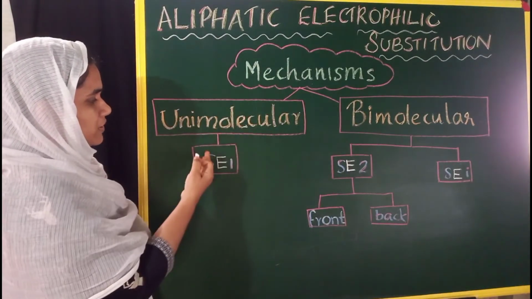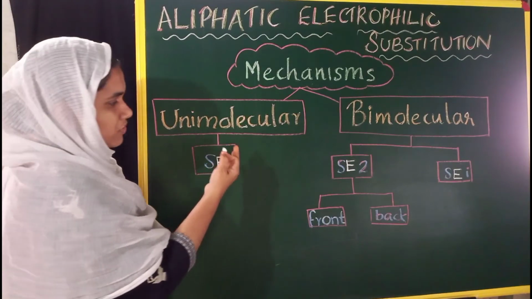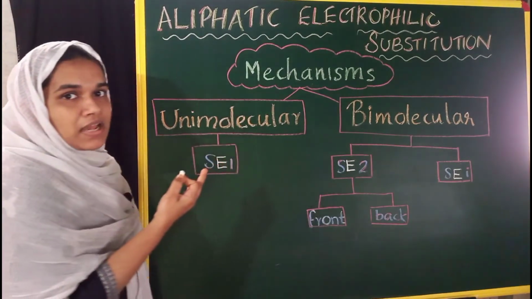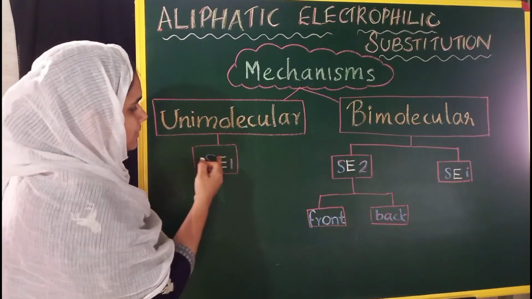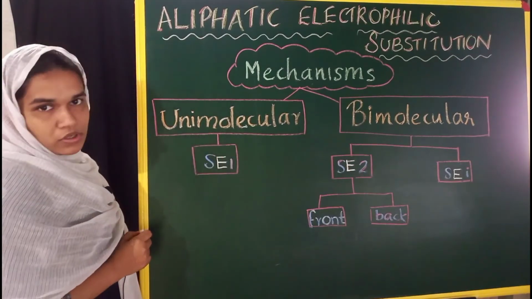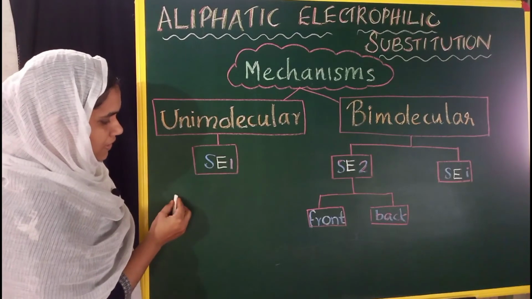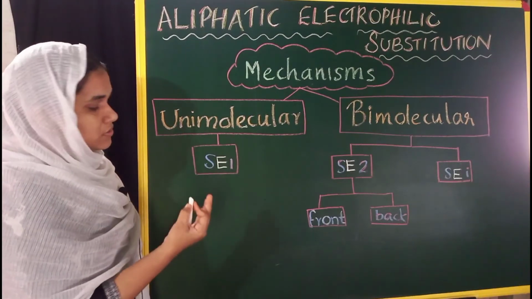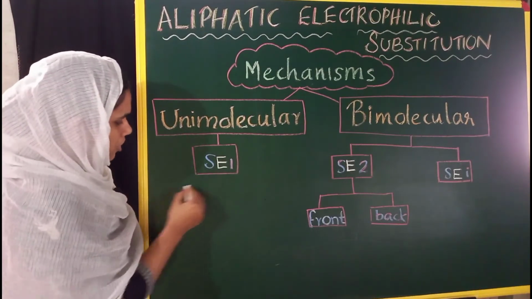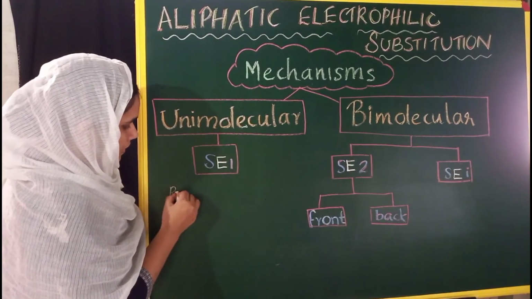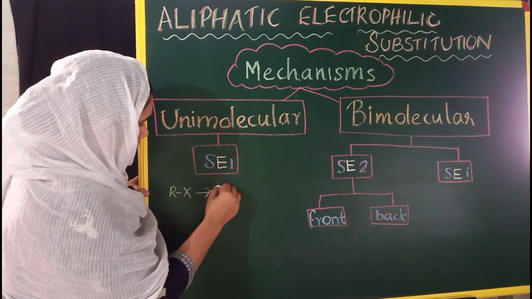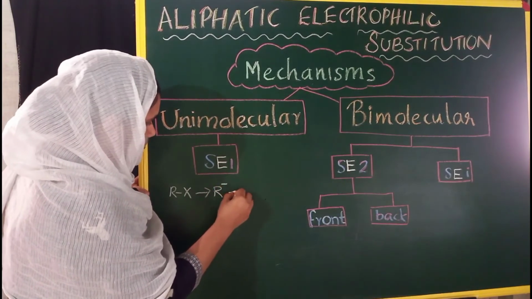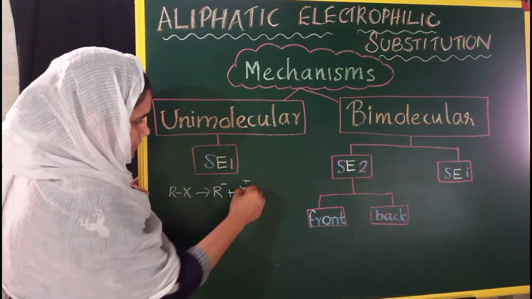In the case of the unimolecular mechanism, the molecularity is 1, that is, the rate of reaction depends only on the concentration of the substrate. SE1 is the unimolecular mechanism. In the SE1 mechanism, there is a two-step mechanism. First is the ionization step, that is, RX will cleave to R minus plus X plus.